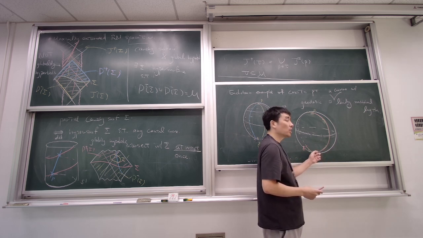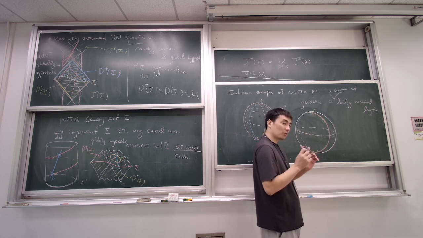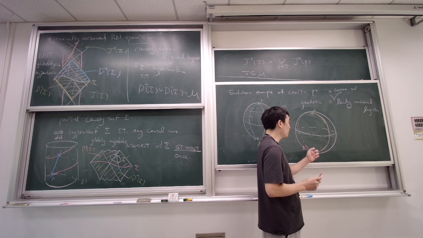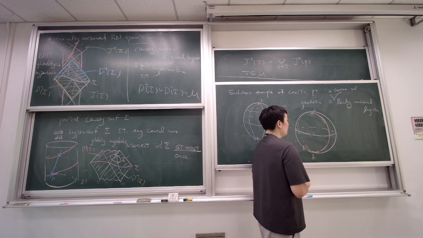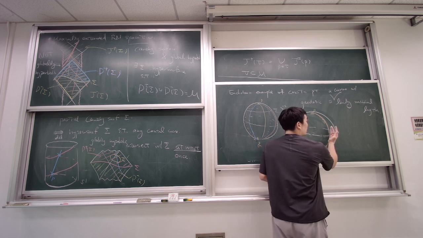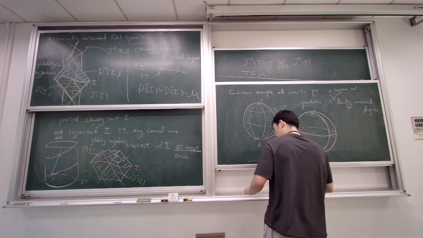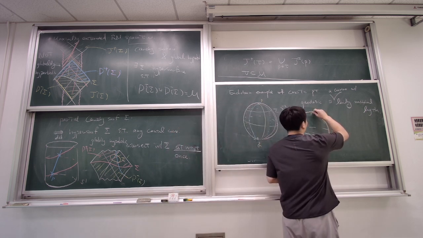So the important thing is this caustic point. Once you have a caustic point, the way to see why this path is no longer of minimal length is that one can slightly shift this geodesic like this way.